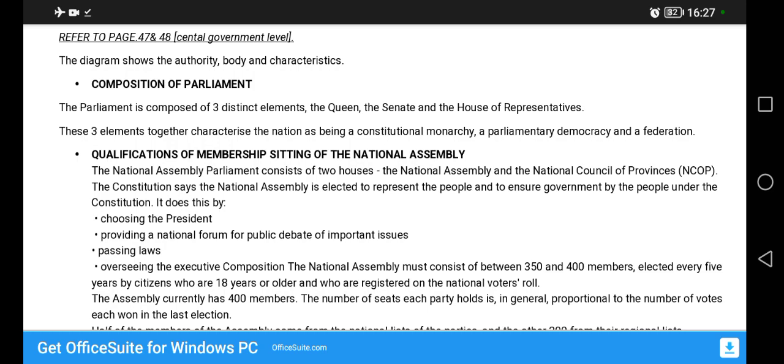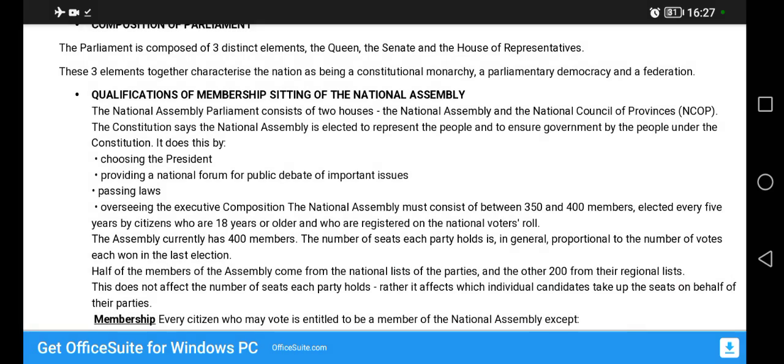I've said it to you that Parliament consists of how many houses? And what are the names of those two houses? So now, one of the main houses is the National Assembly.